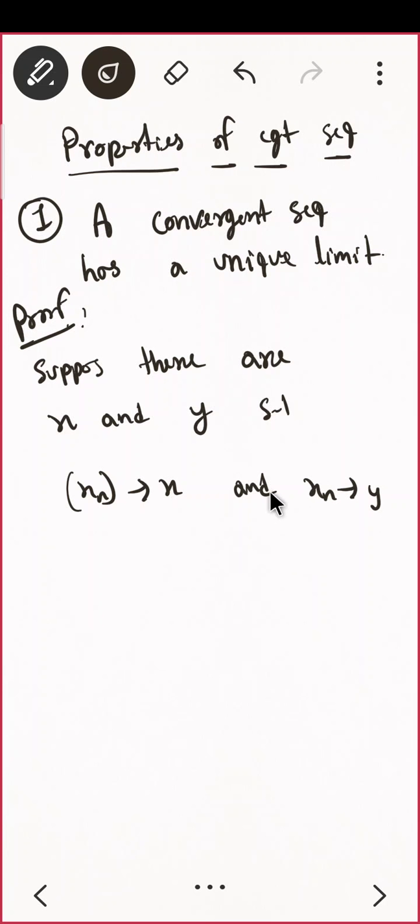Correct. This is how we used to prove uniqueness. You are starting with: suppose there are two points x and y, and xn converges to x and xn converges to y also. So what you have to prove? You have to prove this x and y are actually the same. Correct.